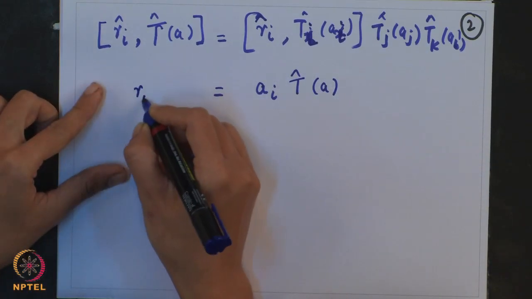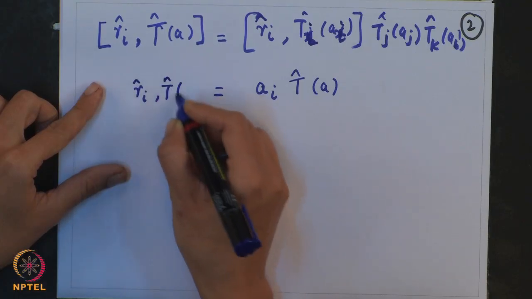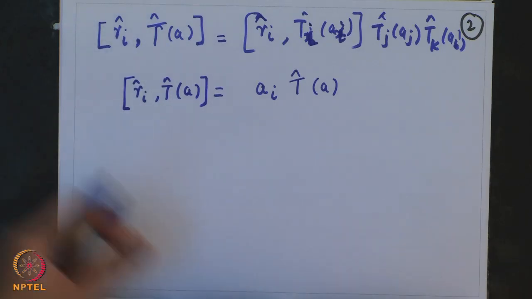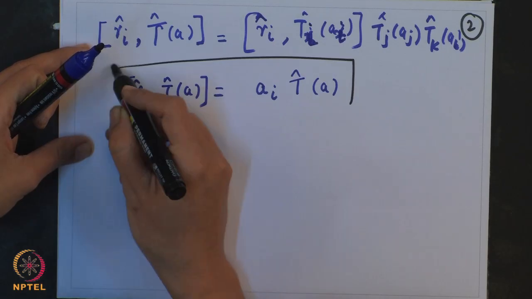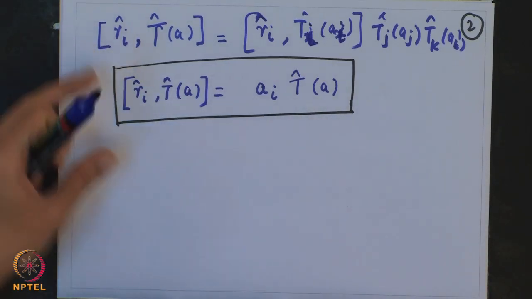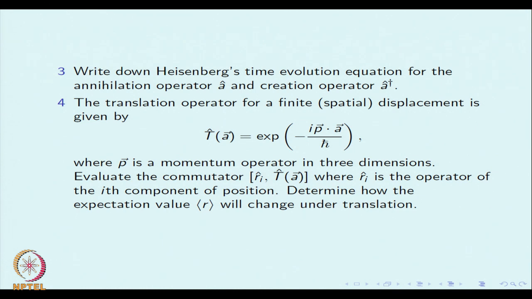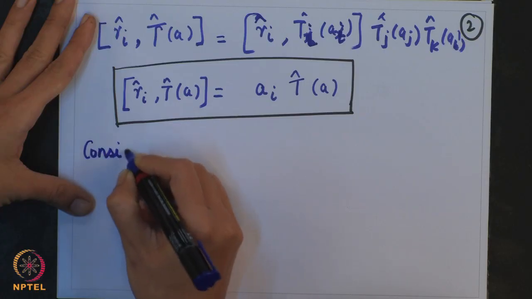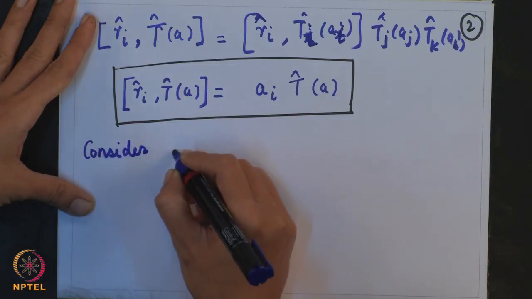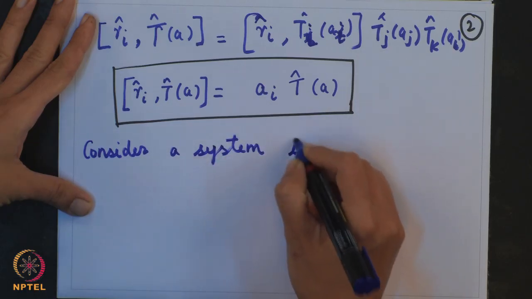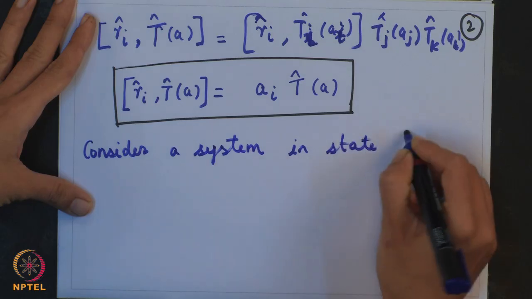In the question, we have to determine how the expectation value of R will change under this translation. So, let us now consider a system in state psi.